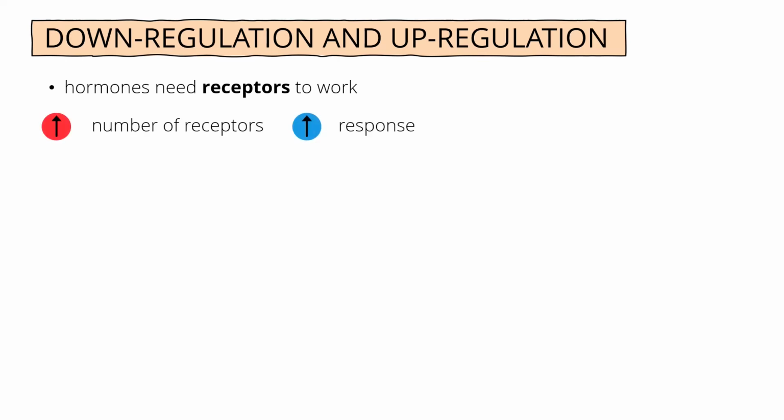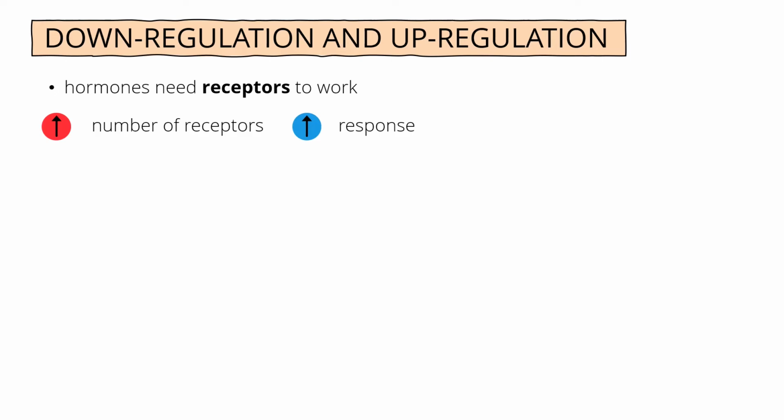To understand it, imagine that we have a hormone and we send it to its target tissue, to its target location, in other words. Now, in order for it to work, there must be specific receptors in the tissue. And as you can probably guess, the more receptors there are, the greater the response of the tissue to the hormone.